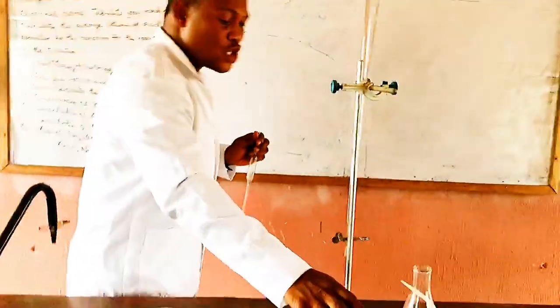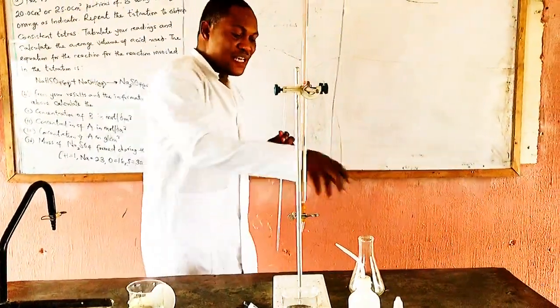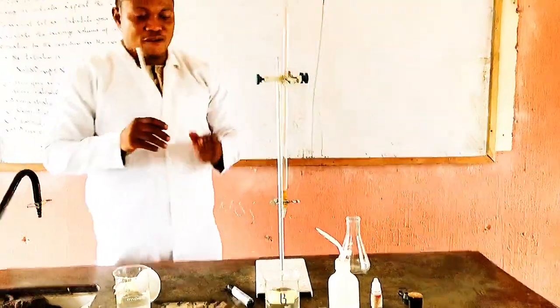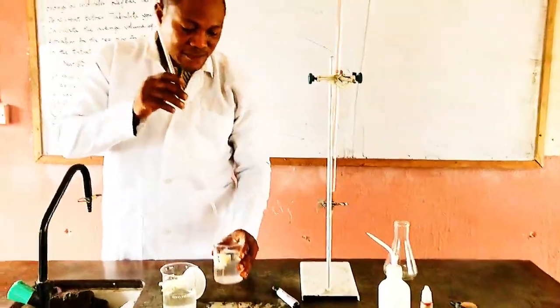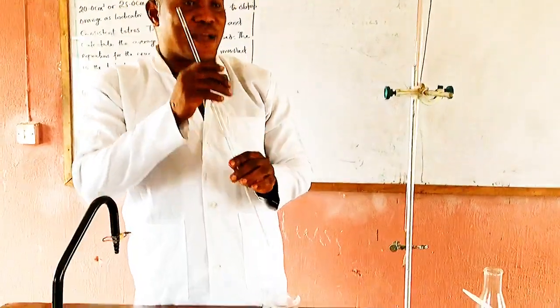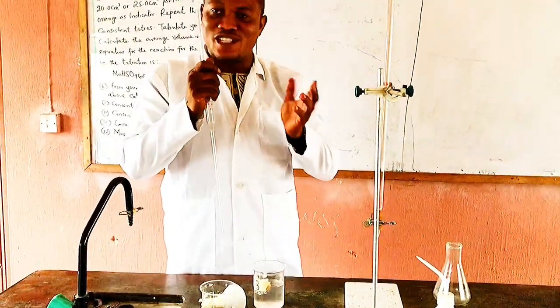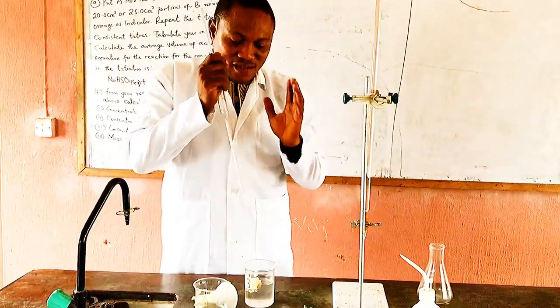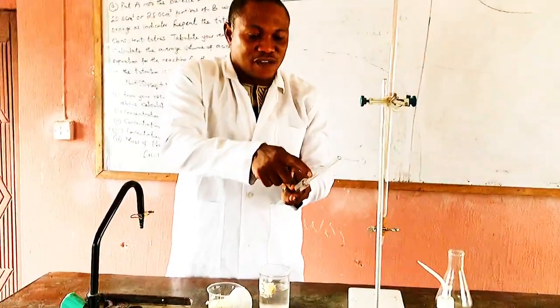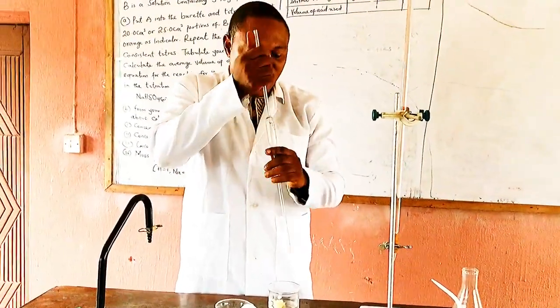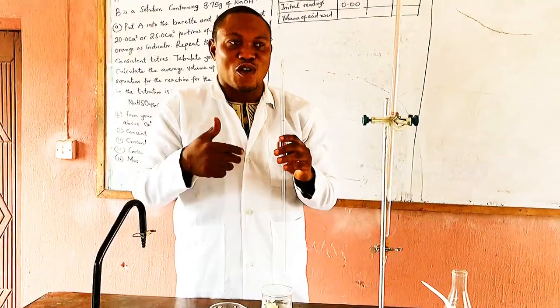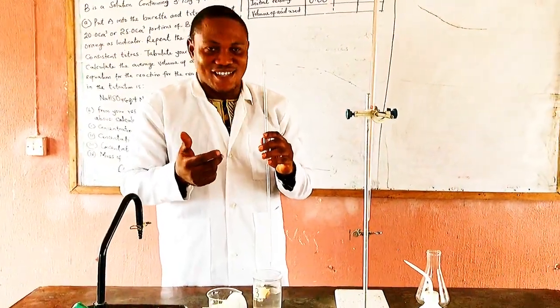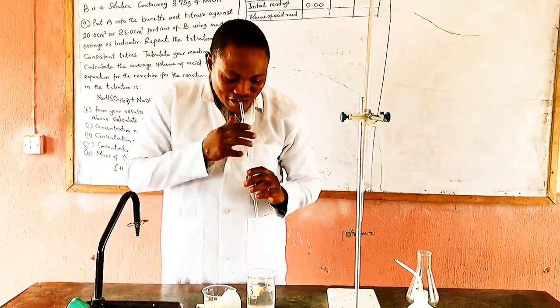So I'm pipetting 25 centimeter cube of solution B into my conical flask. So we are doing that now. Please, gently when you are pipetting, I know students are always afraid of this, but it's very simple. Just pay attention. Don't forget, this is the 25 centimeter mark. So pay very much attention to it so that you don't suck little of the base.